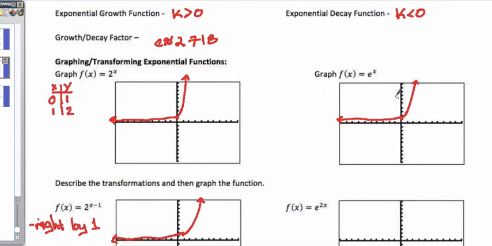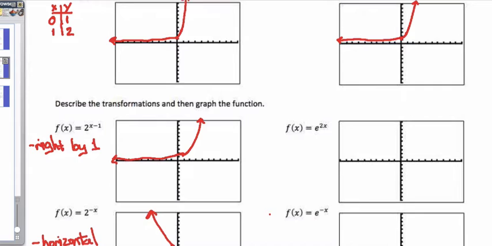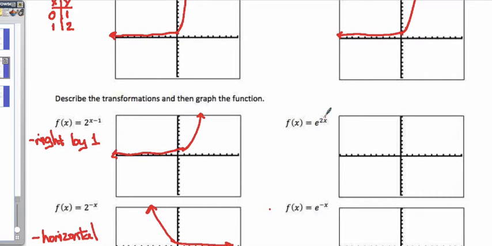Okay, coming over here. Now I'm multiplying something to the x, so we are talking about horizontal, and we're talking about doing the opposite of what we would expect. With a number greater than 1, you would expect a stretch, but when it's happening directly to the x, it does the opposite and it is going to shrink.